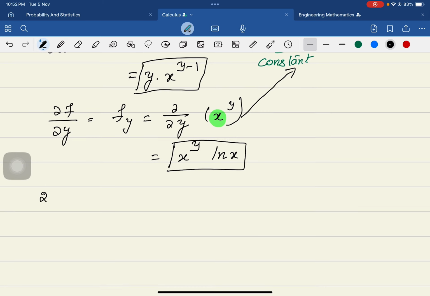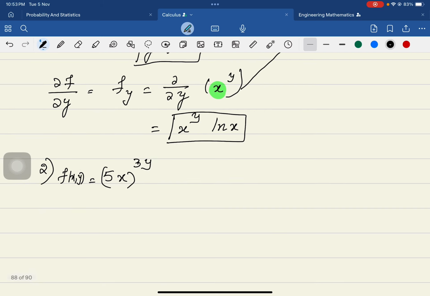I'll do one more problem. Let us take the function f of x comma y given by 5x power 3y. Now what is fx here? That is dou f by dou x, that is dou by dou x of 5x power 3y.